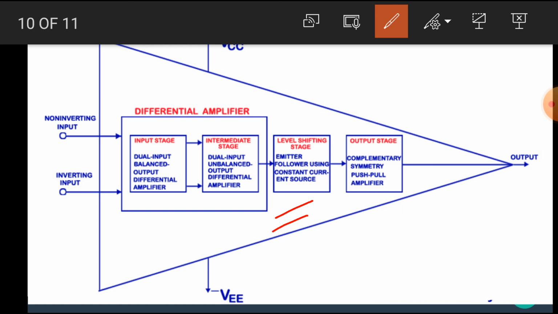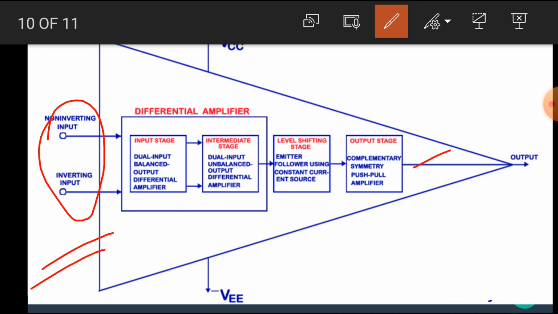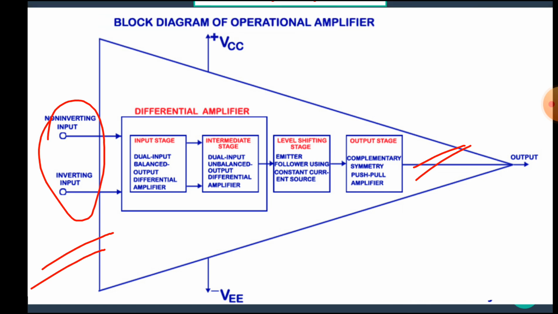And the last stage is the output stage. It is a complementary symmetry push-pull amplifier. There are two main properties regarding this: the input impedance of the amplifier should be very high and the output impedance of the amplifier should be very low. I hope you all understand the block diagram of the operational amplifier.